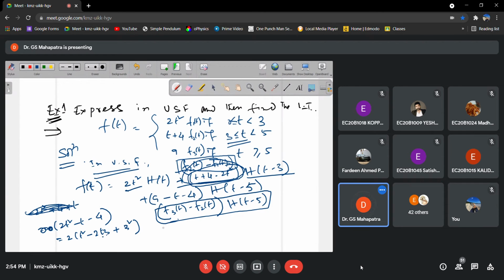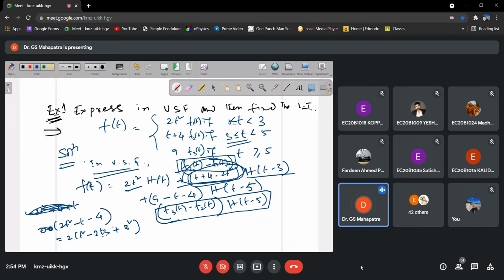Next, you have to check what extra you have written. 2t square is correct, but 2 into 2, minus 4t, 3 into 2, 6t into 2, so actually you have written 12t extra.